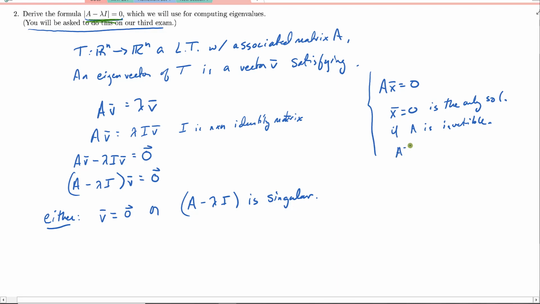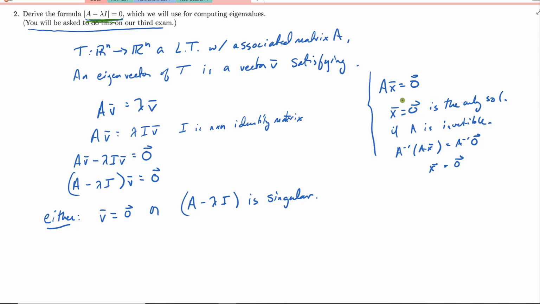Well, if matrix A is invertible, then we could multiply both sides by A inverse on the left, make that a 0 vector, and that would just give me x bar is equal to the 0 vector, and that's the only solution you get. But if matrix A isn't invertible, then this equation could have infinitely many solutions. And if that's the case, then we call it a singular matrix.